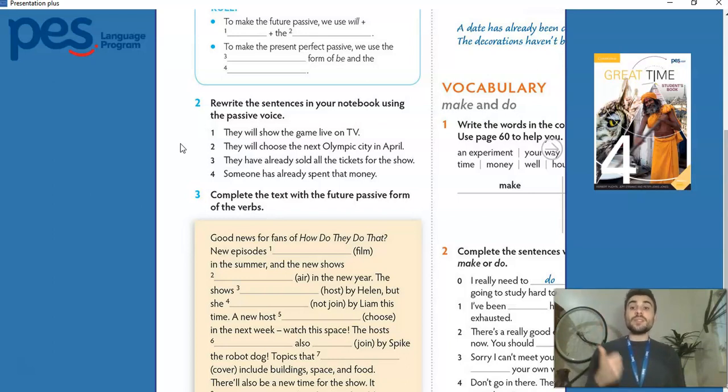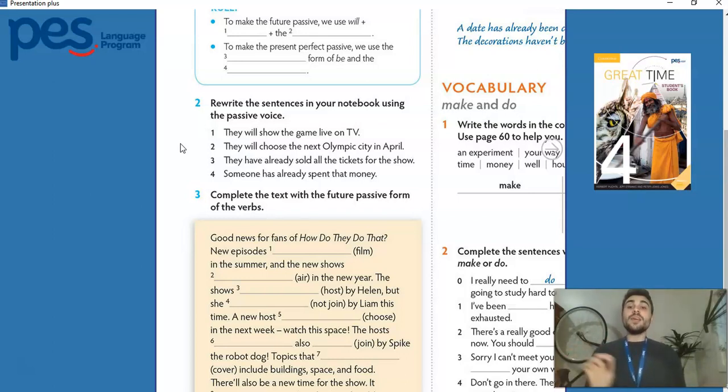So you have sentence number 1. They will show the game live on TV. They is the subject, will show is the verb, the game live on TV. The game is the object. This is the important thing to remember.